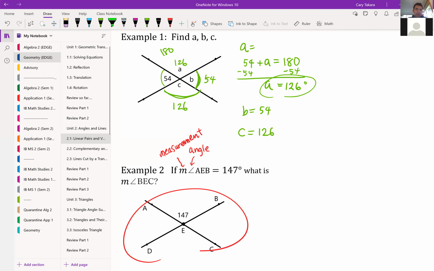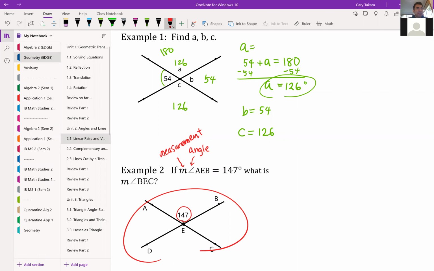So angle AEB, what does that mean, right? I'm now using 3 letters. Before, in example 1, I said angle A or angle B or angle C, right? That was pretty easy. It's pretty obvious. But now I'm using 3 letters. What does that mean? Like, for example, this angle. How would you describe that angle?